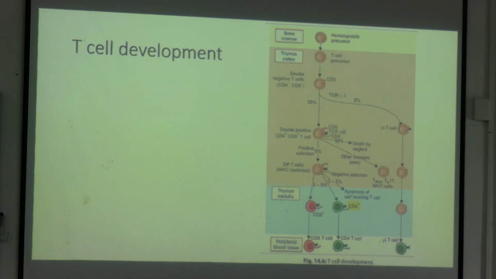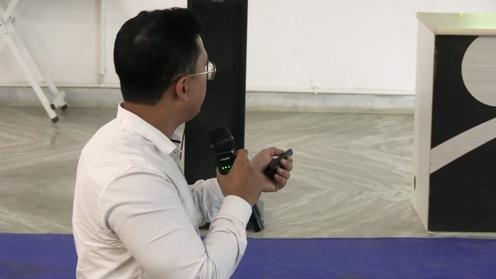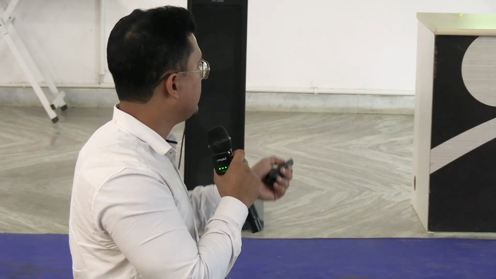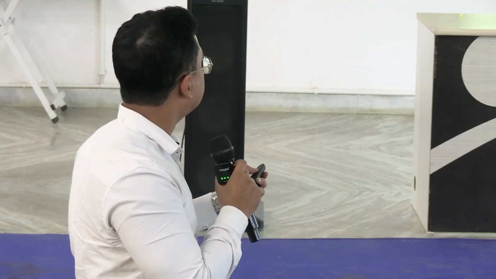Okay, CD4 cell, CD8 cell এ differentiation হলো, then those CD4 and CD8 cells will be in the peripheral blood tissues, সেখানে they will become the effector cell and mount the effector response. Okay, so that is how exactly a hematopoietic stem cell precursor is converted into an effector CD8 or CD4 cell for the immune response. Okay, this is a very important chart.